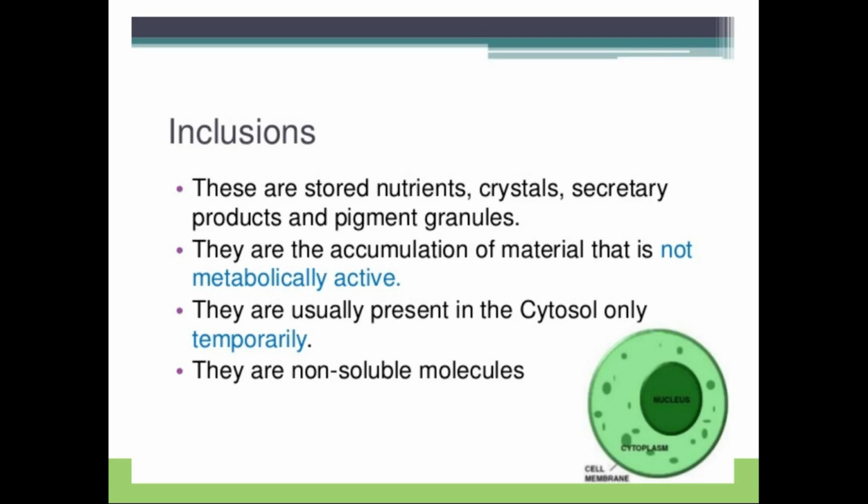So the cytoplasmic inclusions are non-living substances that are not bound by membranes. Inclusions are stored nutrients, secretory products and pigment granules. They are usually present in the cytosol only temporarily. And these non-living substances are usually non-soluble molecules.